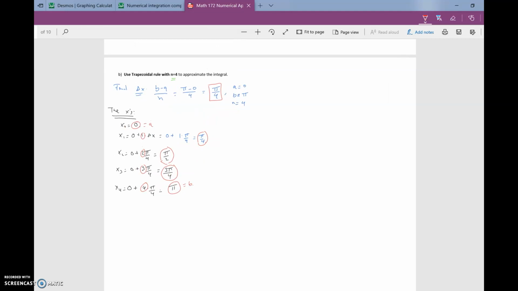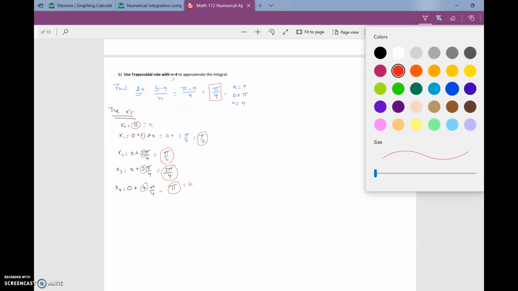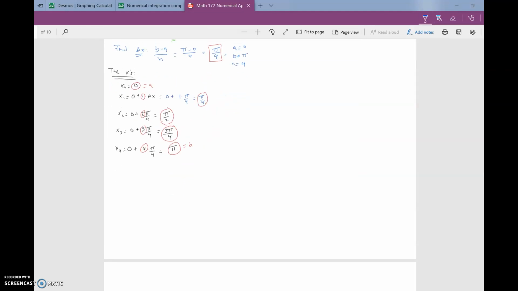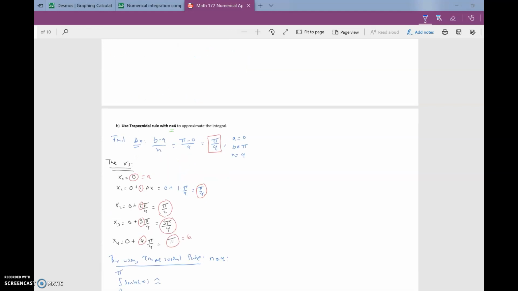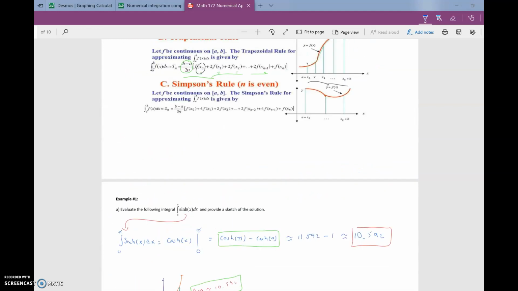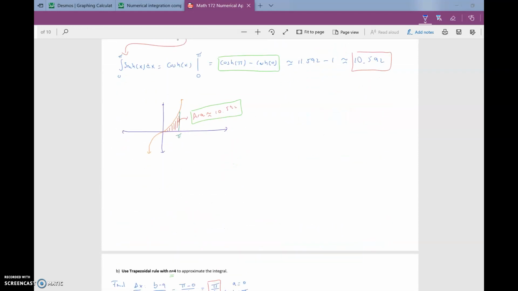Okay, so the last portion is that by using trapezoidal rule, and this is with n equal to 4, you can approximate the integral from 0 to pi of the sinh function of x, which is going to be approximately, and the formula has b minus a over 2n.